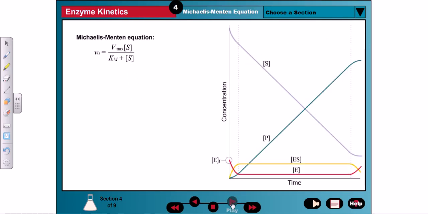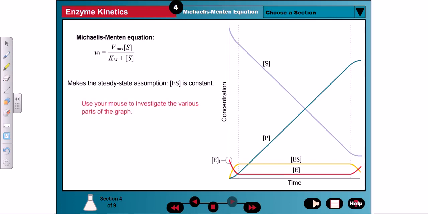This graph shows the reaction progress of an enzyme-catalyzed reaction. The Michaelis-Menten model makes a steady-state assumption, meaning that the concentration of the ES complex remains constant. This assumption is valid only when the concentration of substrate is much greater than the total enzyme concentration. Use your mouse to investigate the various parts of the graph.